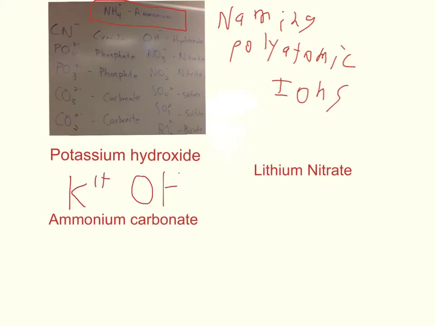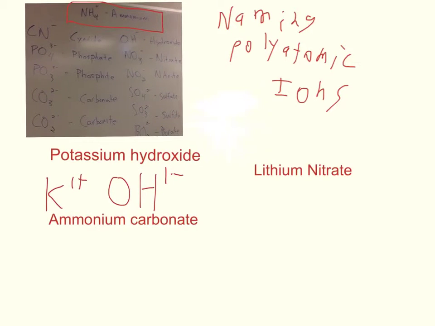We could do what we did earlier with switching up the ions and everything. So I'm just going to move this over to the side a little bit, so you can write our final answer, which is going to be KOH.